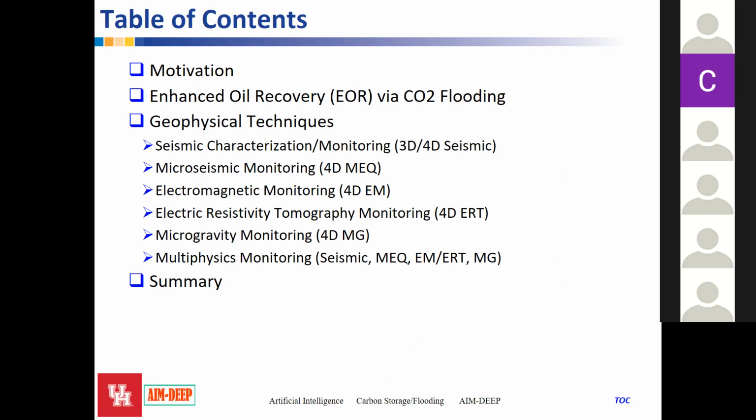I'm going to share with you the different aspects of CCS coupled with EOR, screening, technical backgrounds, and then different types of models, including artificial intelligence models. And I'm going to end this with some field case studies.